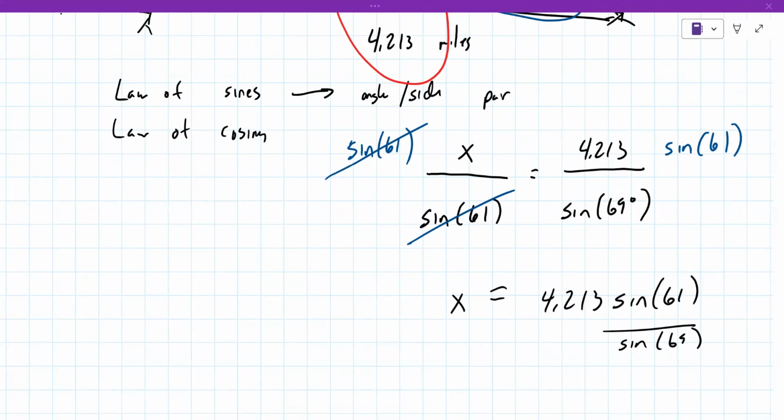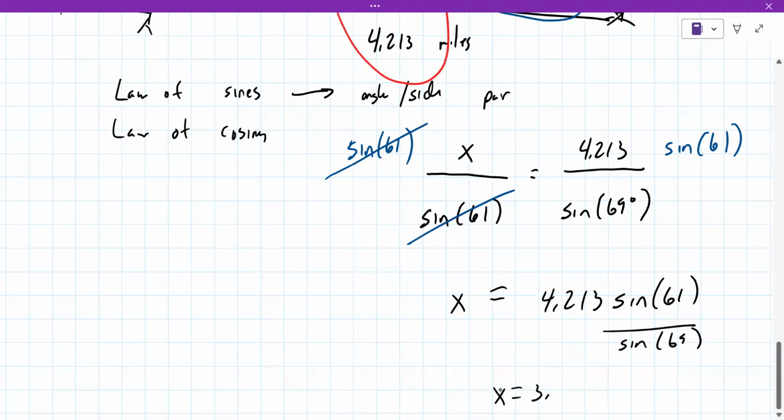If you grab a calculator, see what you come up with. I got 3.95.